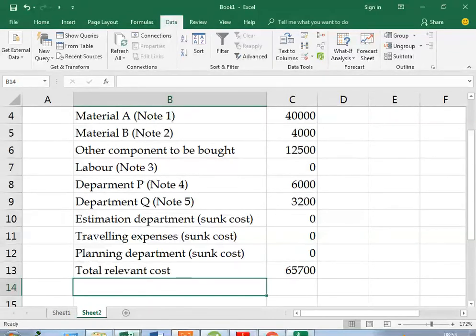Any doubts on this? Clear? Done? Now the conclusion is, should I take up this contract or not? Yes. So write the conclusion.